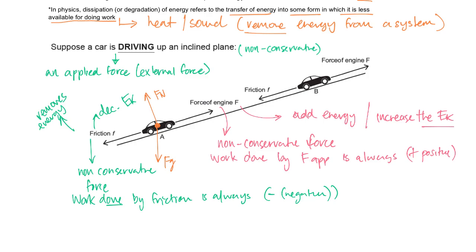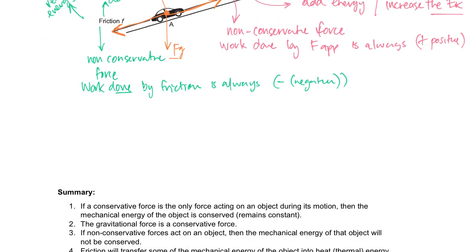For me to have a conservative situation, I must only have the normal force and gravity. But now I've got the normal force, I've got gravity, I've got an engine force here, and going down my slope, I've also got friction. That means that if I'm driving up a hill, I have got non-conservative forces.